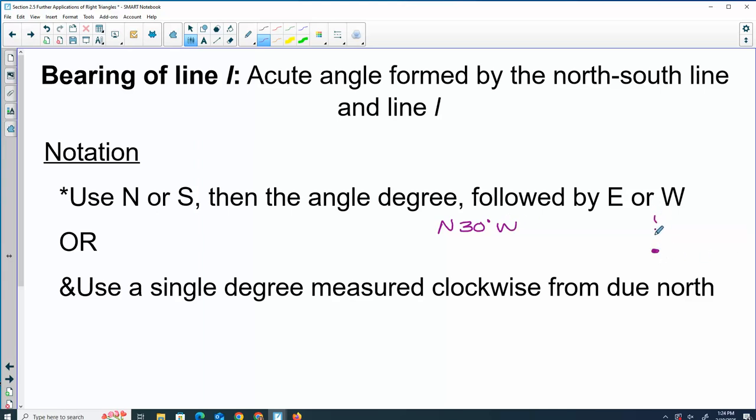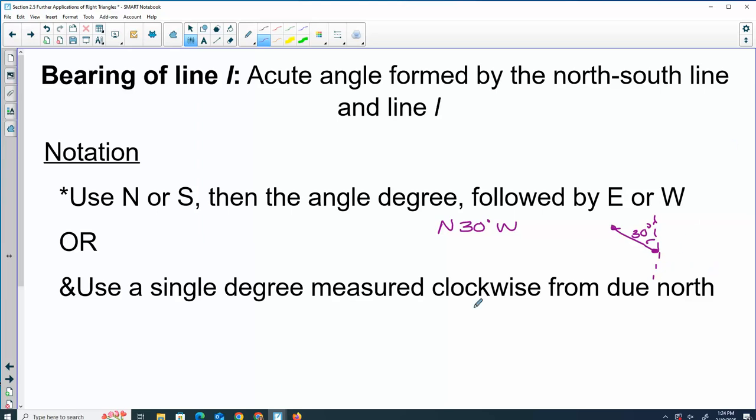Because with bearing you have to have a north-south line, from this point you're going to go north and then 30 degrees to the west. And this would be a 30-degree angle. So from your starting point, which direction are you traveling? And the angle given is from that north-south line.